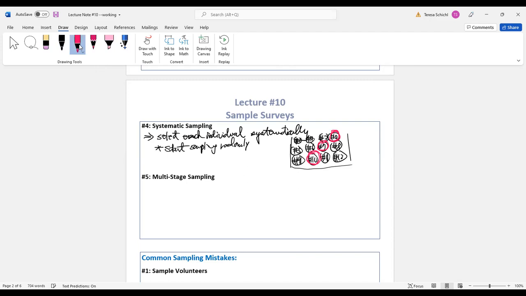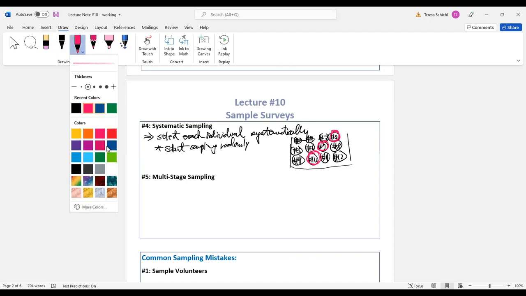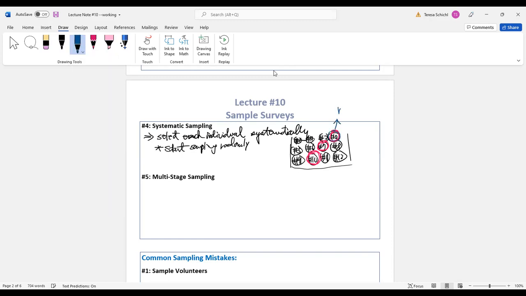I randomly pick the first number, this number 4, as my starting number. Then I add 3 for the next number, add 3 again for the next. This is what we call systematic.